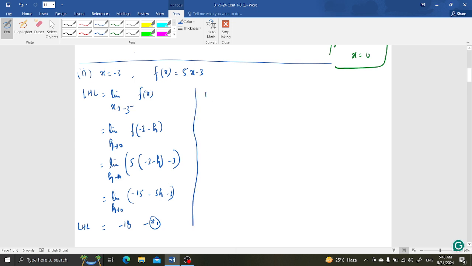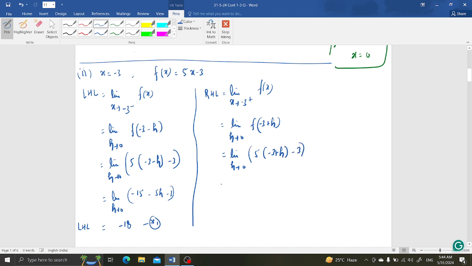Now we can find our RHL, limit x tends to minus 3 positive f of x. Limit h tends to 0 f of minus 3 plus h, which is 5 of minus 3 plus h minus 3.